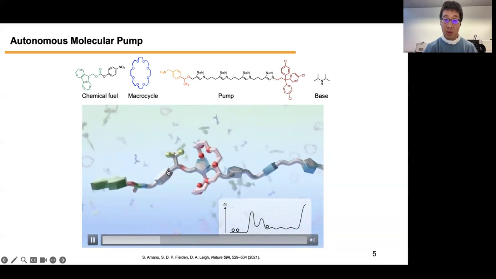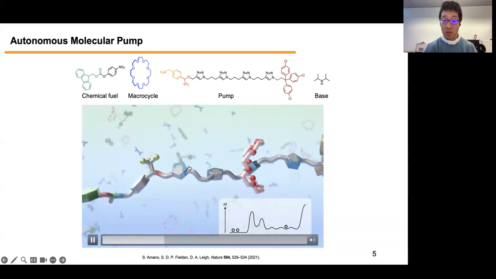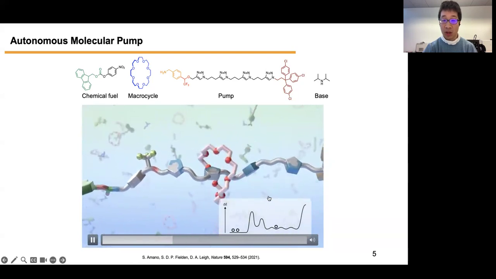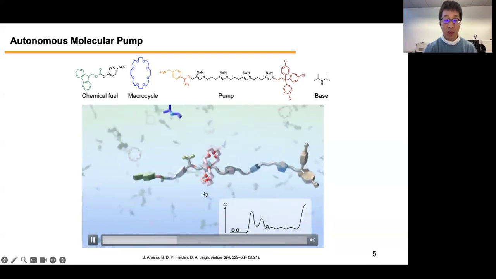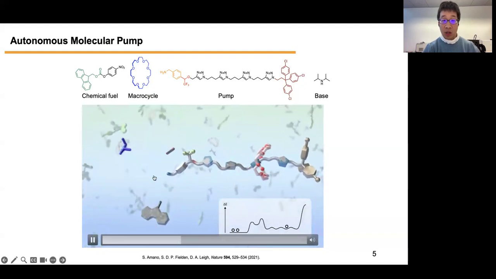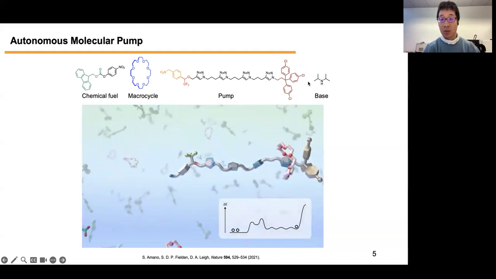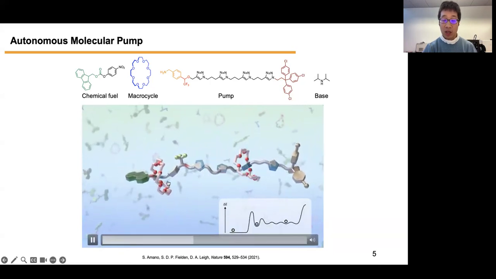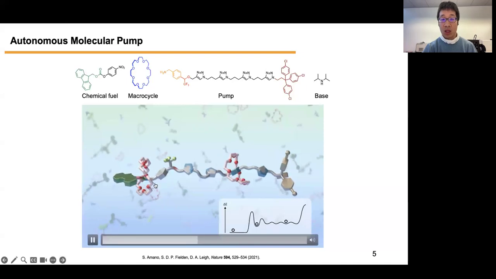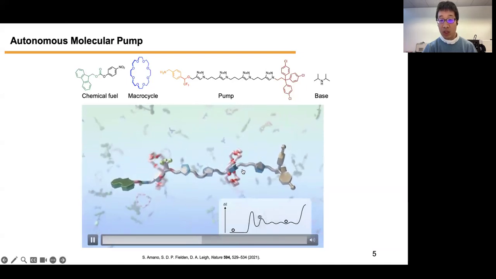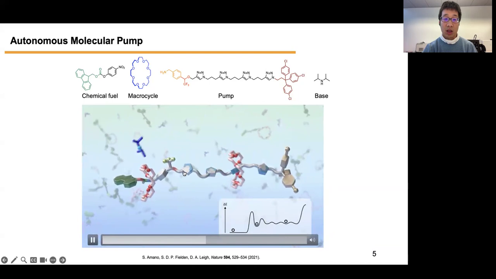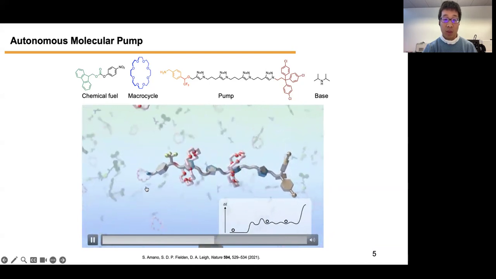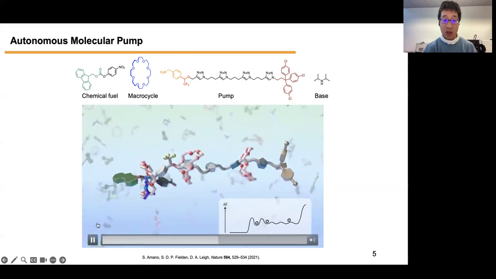And then this macrocycle can be pumped to this catchment thread because it's more thermodynamically stable if you look at this energy diagram. And after that, this blocking group can be removed by the base present in the system, and the second cycle can take place. And this cycle can further continue. So you can see the macrocycle moved to this catchment thread, and the blocking group is removed, and the third cycle takes place.